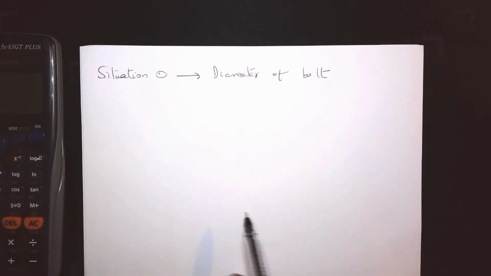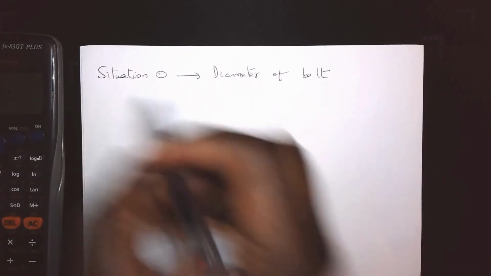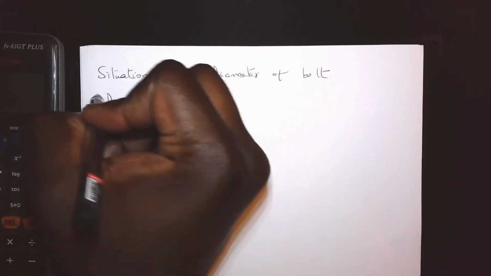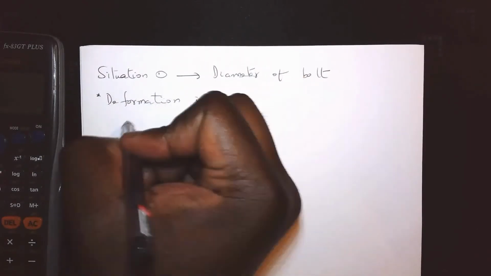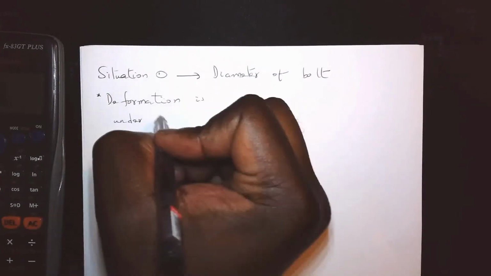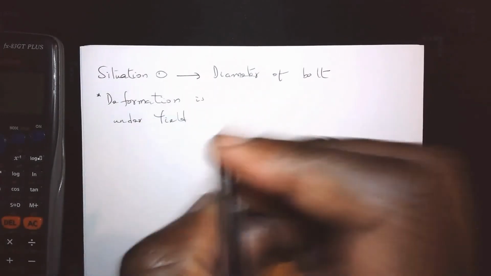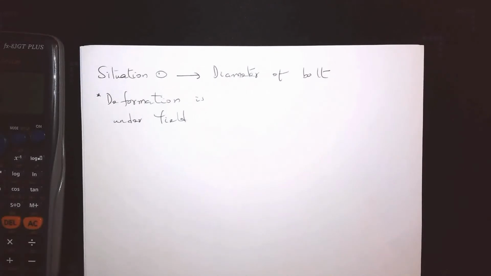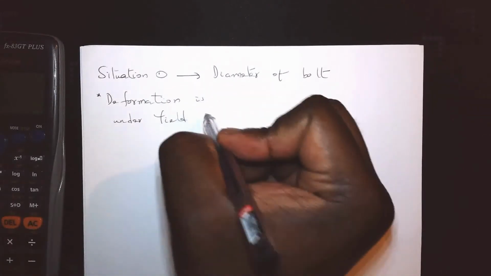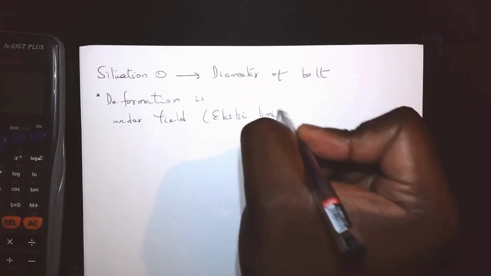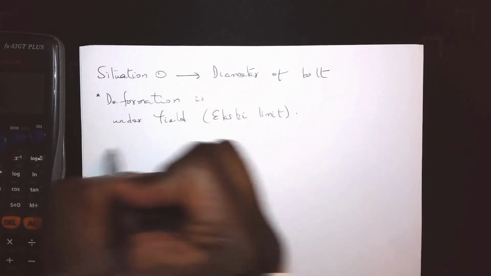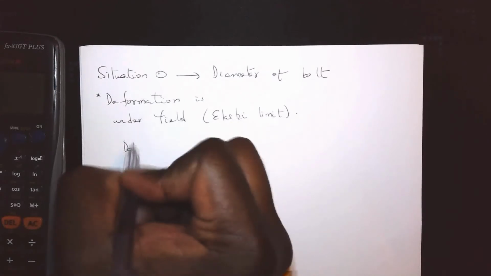Let's look at situation 1 and work out the diameter of the bolt. If we assume that deformation is under yield, okay, so we're assuming that deformation is set to the elastic limit. Okay, so let's write down the data required.